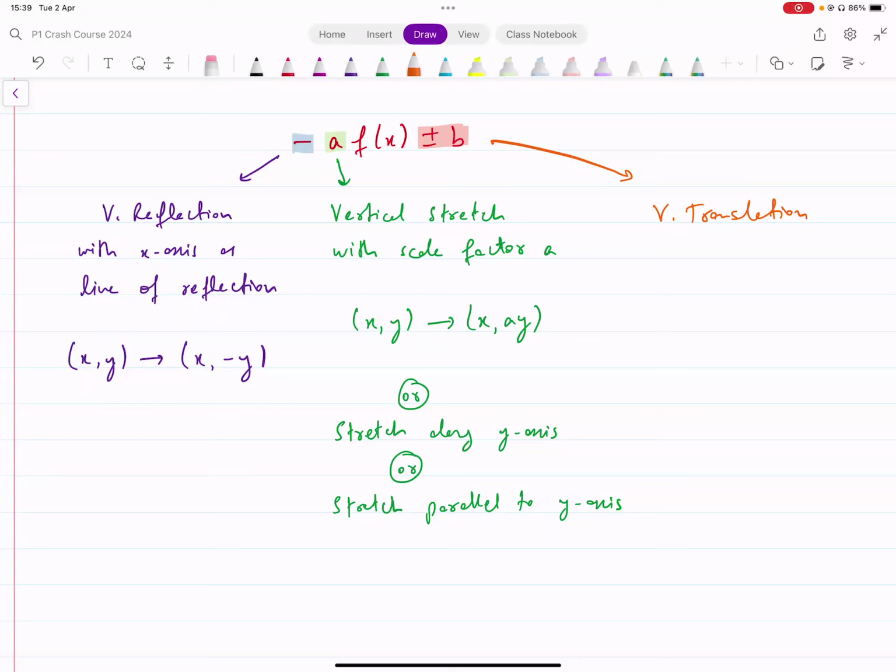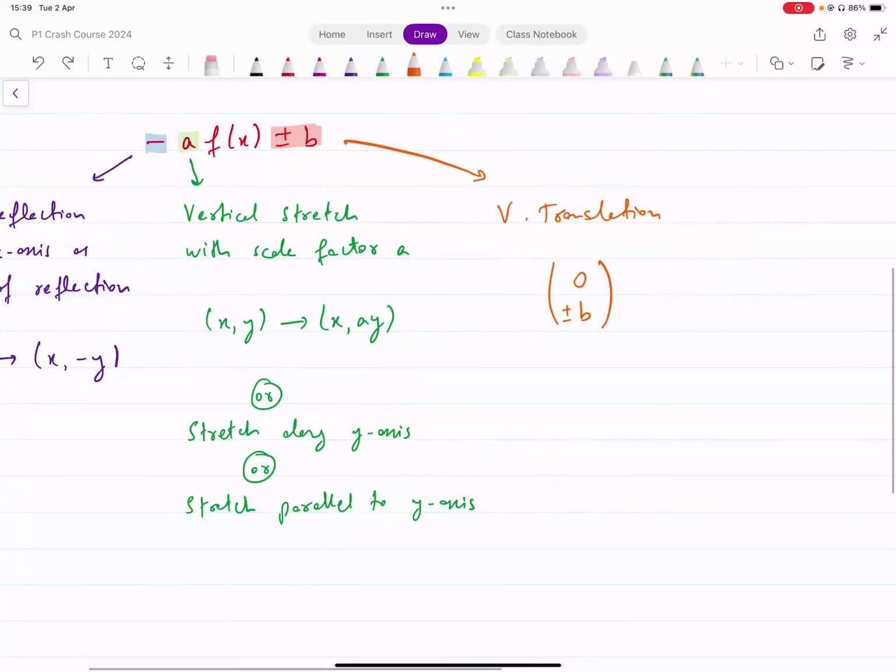Okay. So if it's a translation, you would say it's a translation with vector 0, b, because there's no change in the x direction. In the y direction, whatever that number is, that's going to be what you have here. If you have plus b, that would mean the graph is moving up. If it's minus b, that will mean the graph is moving down.